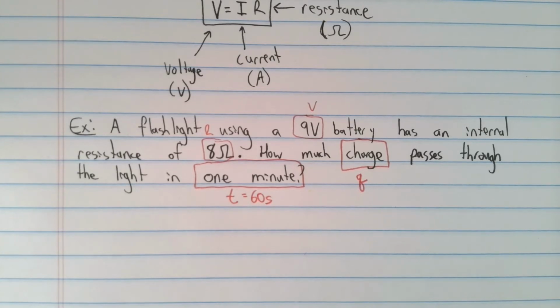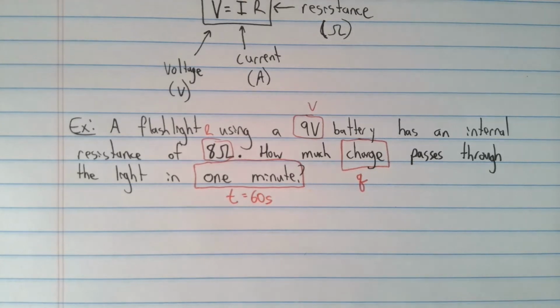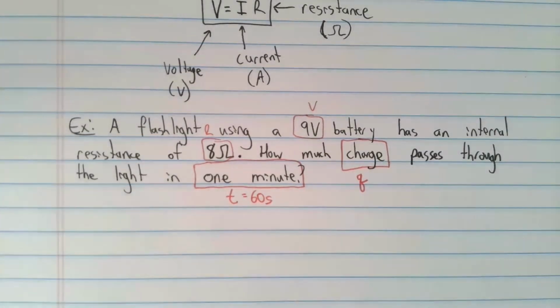It's kind of up to you the way you want to do it. You can write down 9 equals I times 8 and then solve for I, and plug the number into the first equation. Or you can solve symbolically, which is what I'm going to do because it's wicked cool. So here's what we'll do. We're going to take the equation that's important to us.